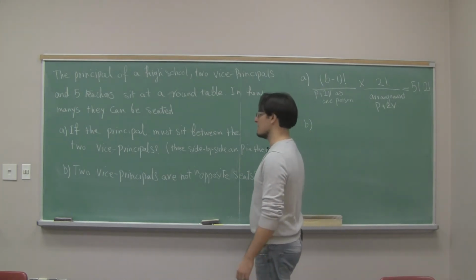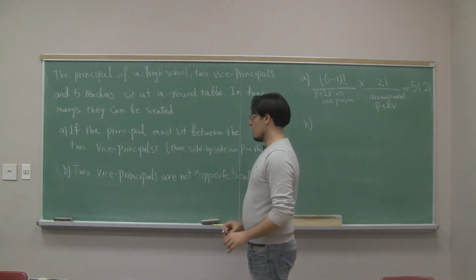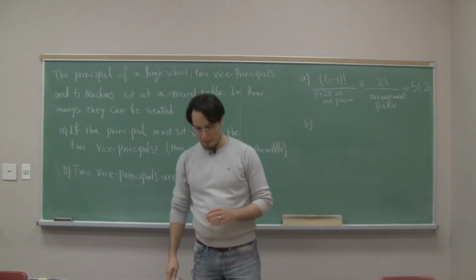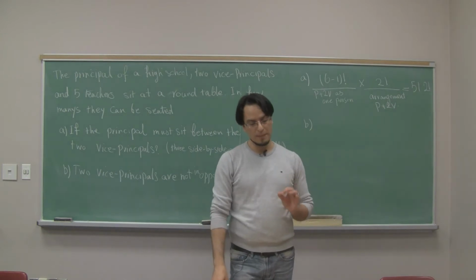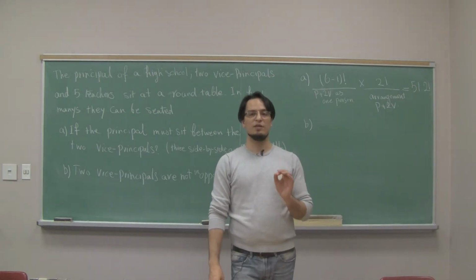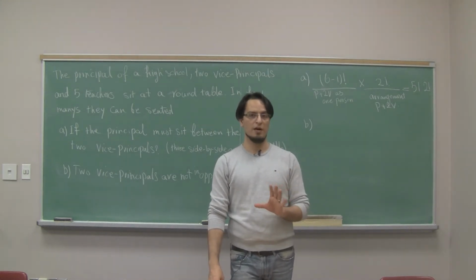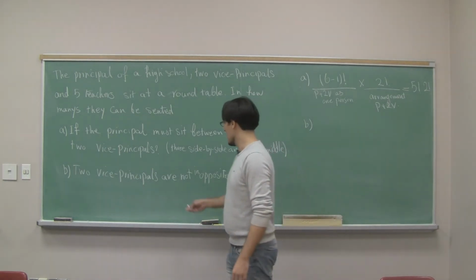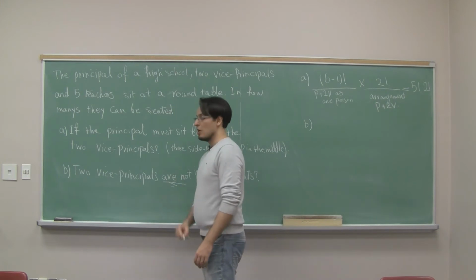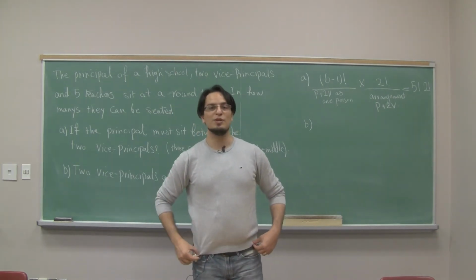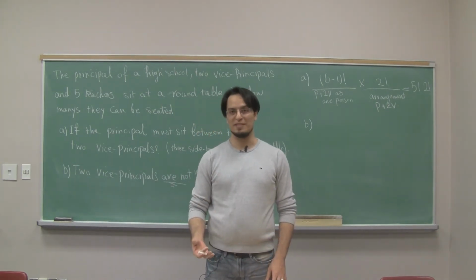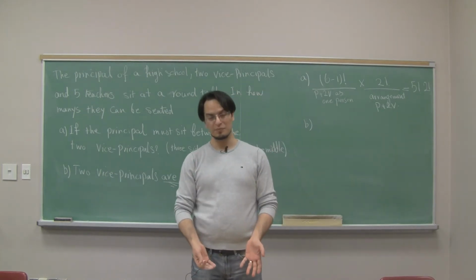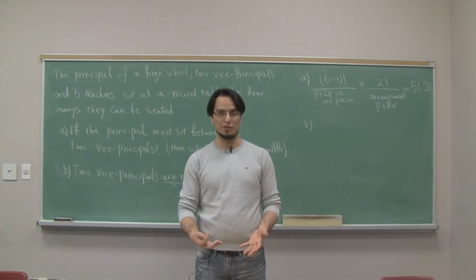Part B says that the 2 vice principals are not in opposite seats. If they're in opposite seats, we have a very good strategy to count in how many ways we can do that, which I'm going to explain in a minute. But this says not. In a situation like this, we use the complement technique, meaning that we count the complement of the situation.